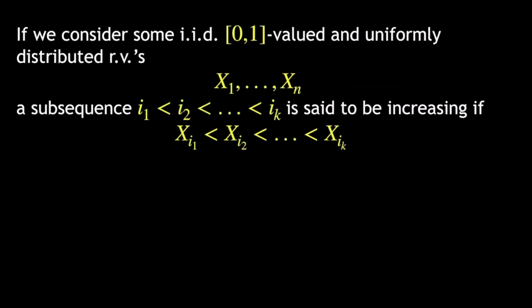So another example, which is quite famous, is that you want to analyze the longest increasing subsequence. So you consider exactly the same framework as in the preceding example. That is, you are looking at IID uniform variables, and you say that the subsequence is increasing if the variables are ordered in the same way as the indices.